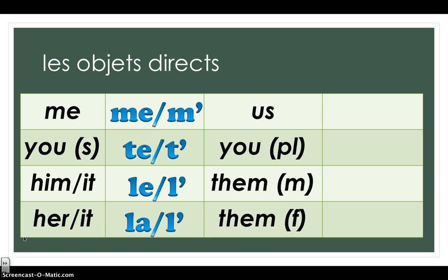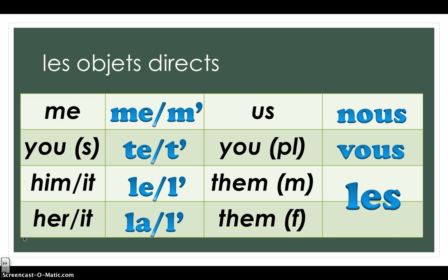If I see her or it and that it is feminine, then I would use la or l apostrophe. Us is going to be nous. Well, that looks familiar. Vous. And then for them, whether it's male or female, we've got les. So these are your direct objects.